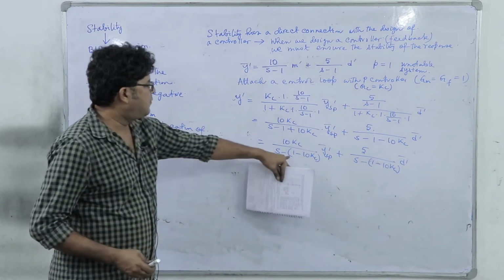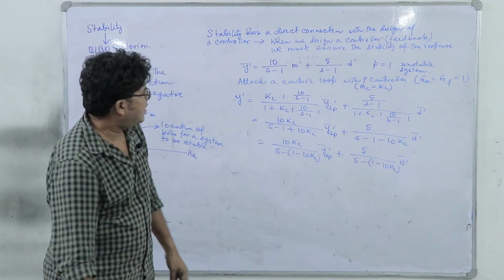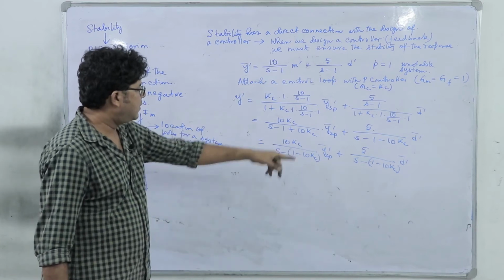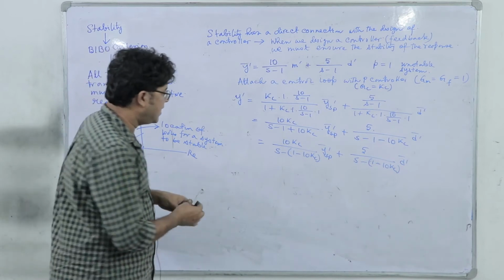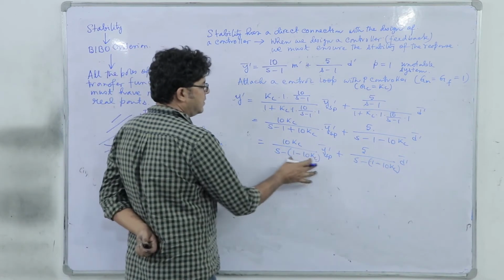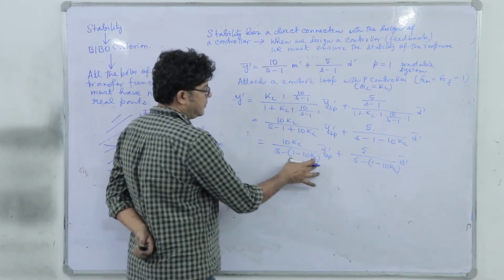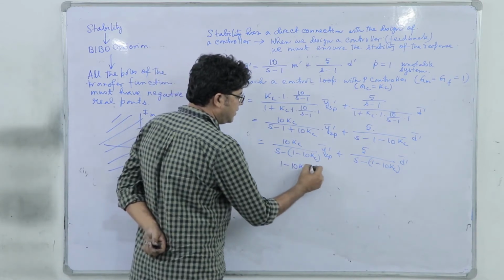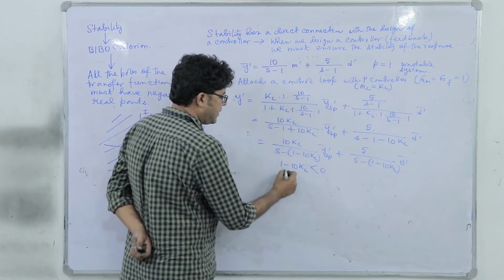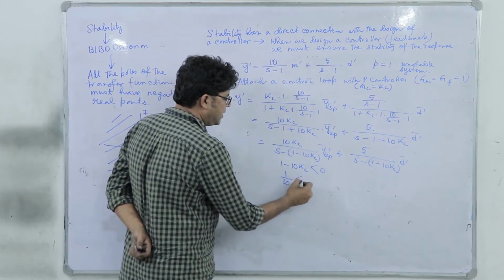Now, if we make this quantity negative, then the pole becomes negative. So 1 minus 10 KC is negative, so 1 divided by 10 is less than KC.